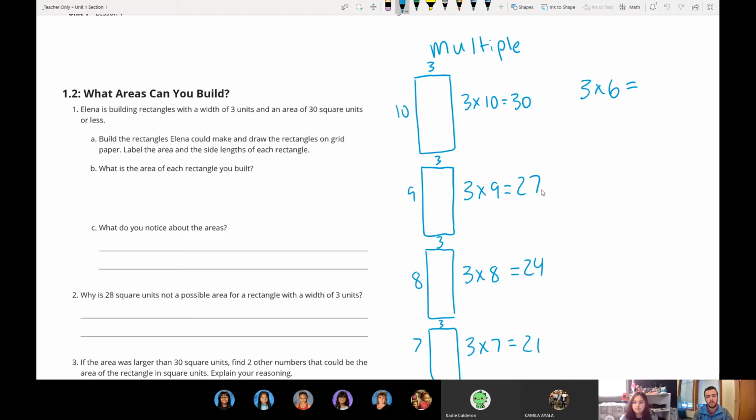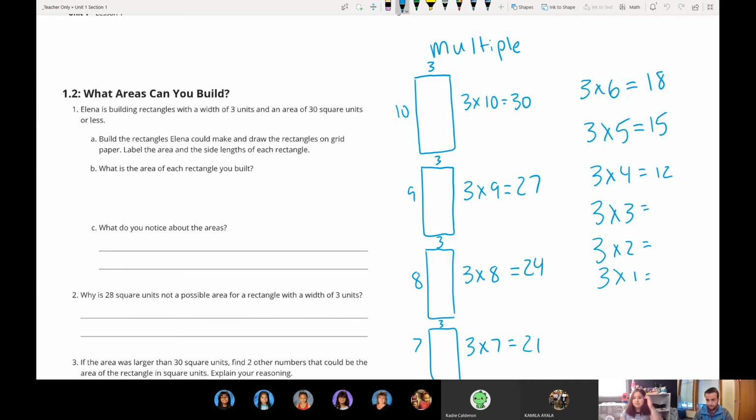Remember, there's a pattern we're doing. We're dropping by 3 each time. 18. Yep. What about 3 times 5? 15. Okay, 3 times 4? 11. Close. 12. And 3 times 3?